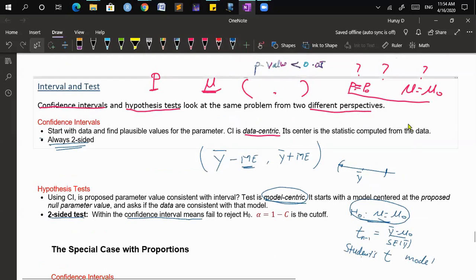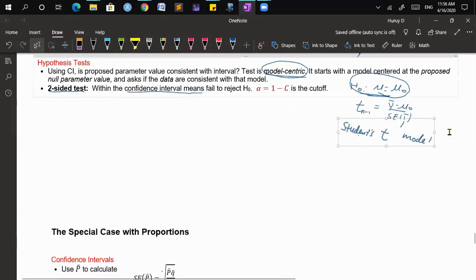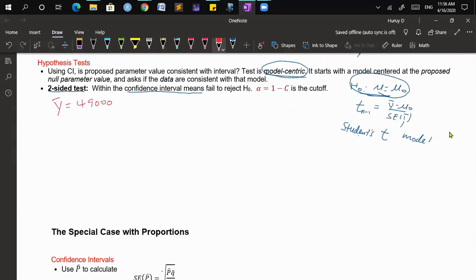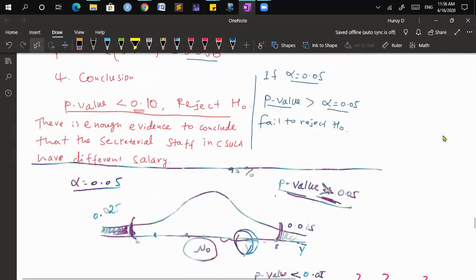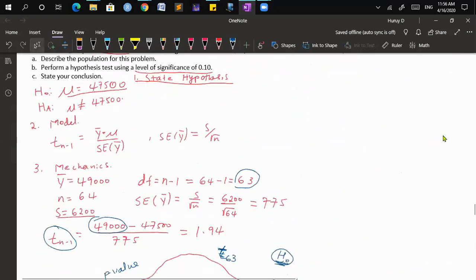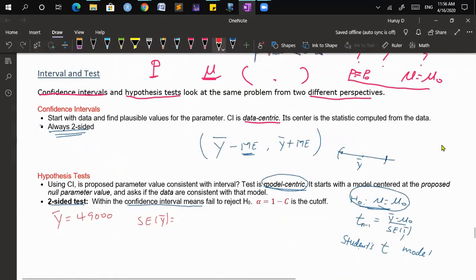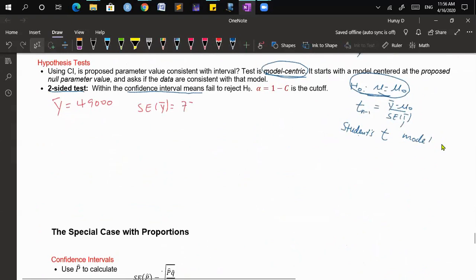Now, how can we do this? Let's create a confidence interval for the example about the mean. We have y bar, which is 49,000, and the standard error of y bar, which is 775.